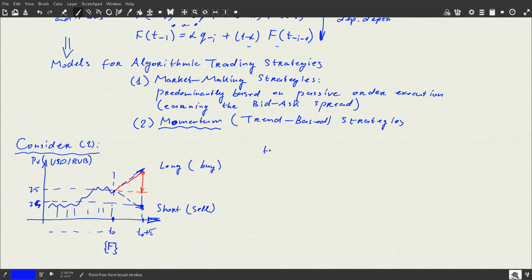At T0, sell to A at 75. That's how short sell works.